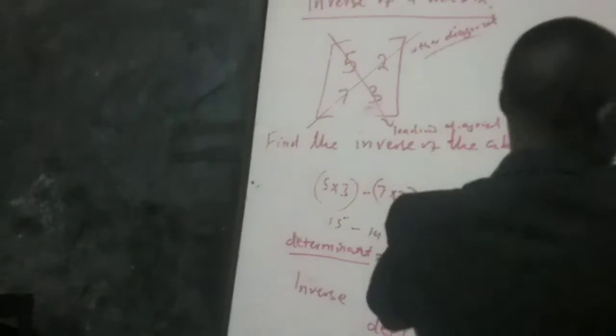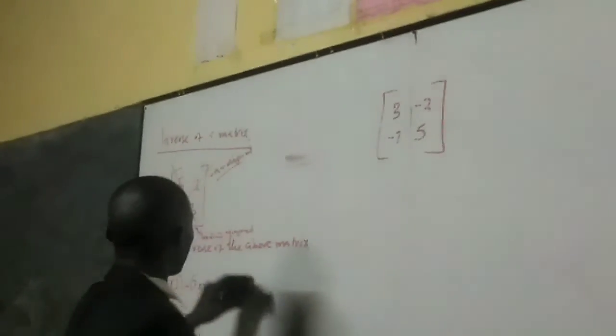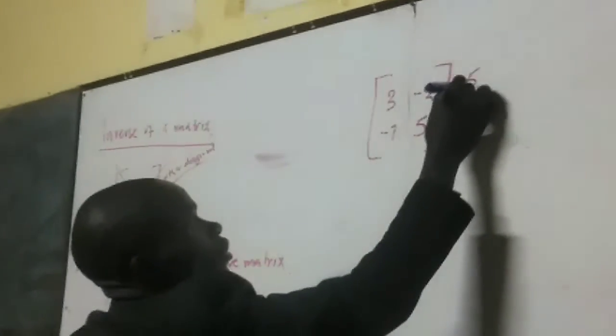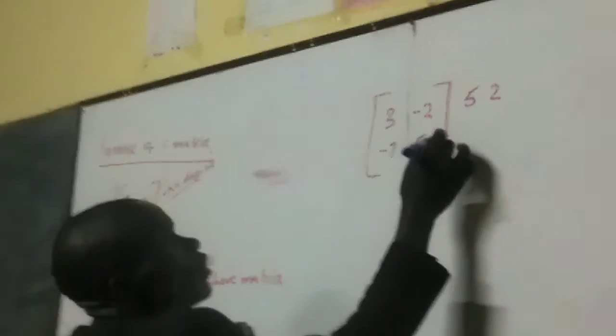let's multiply this matrix by its inverse. We have the inverse, which is 3, -2, -7, 5. We are multiplying by 5, 2, 7, 3. What are you going to get?